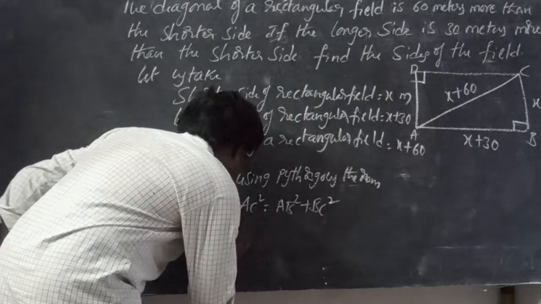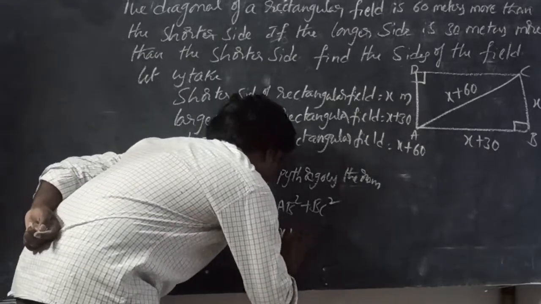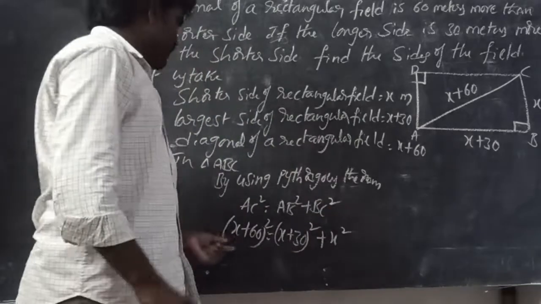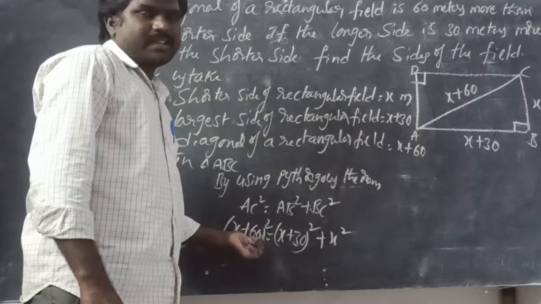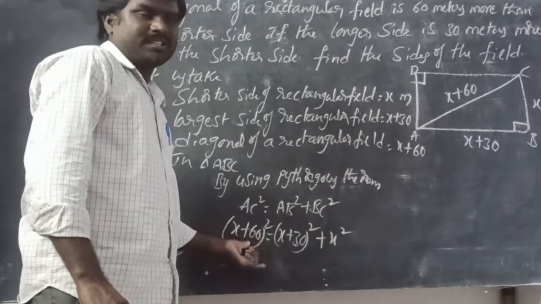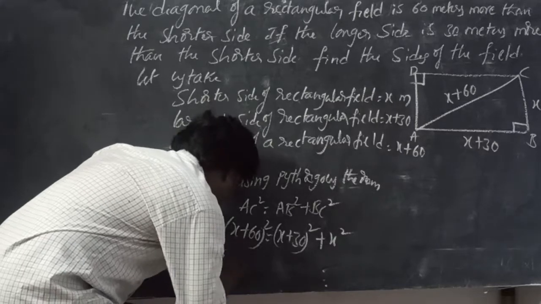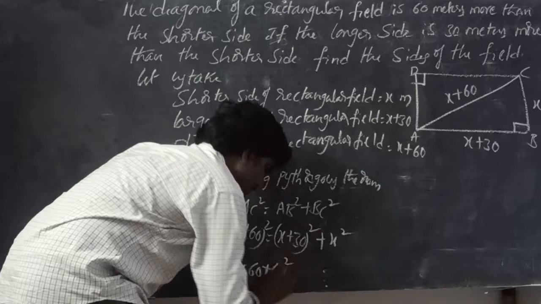AC is x plus 60 whole square, equal to AB, x plus 30 whole square, plus x square. Here we can apply the (a plus b) whole square formula: a square plus 2ab plus b square. So x square plus 2 into x into 60 plus 60 square.